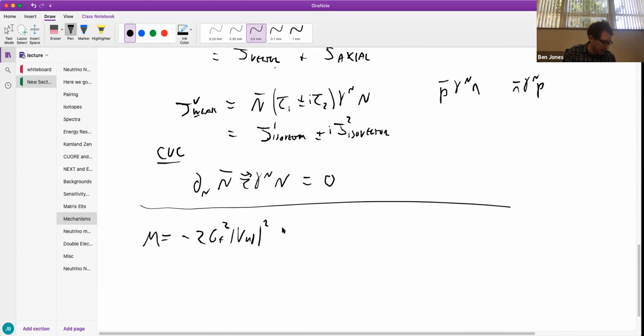And so, okay, so the next steps, I'll write it all down and then I'll talk about what all the pieces are. So sum over n, d4k over (2 pi) to the 4, gamma mu.